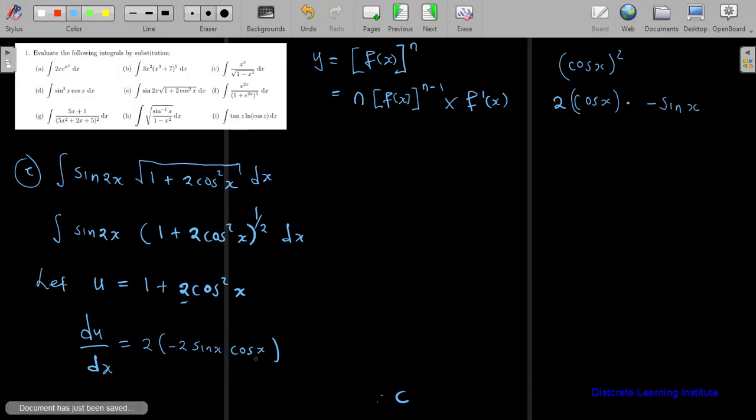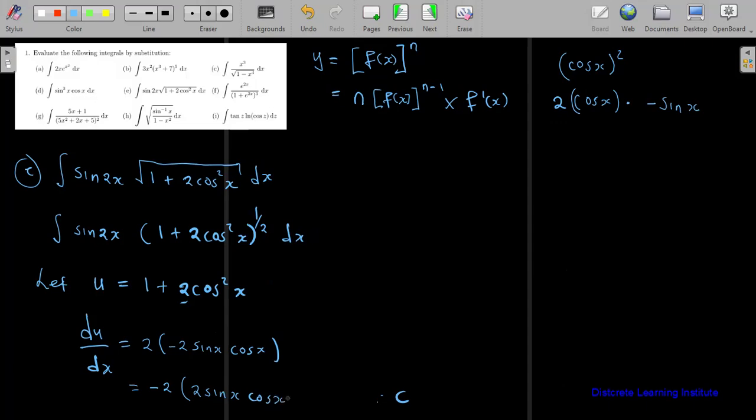So we can see that we are not done, because remember, we'll still have to cancel out some things there, but it doesn't look like my sine 2x. But we can still think about your trigonometric identities, using your multiple angle formulae. So you can take the negative outside, and then you have 2 sine x cos x.